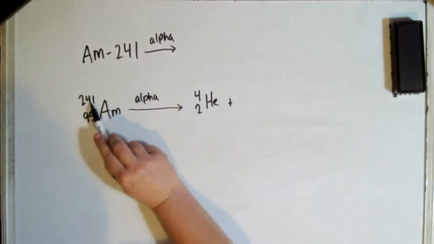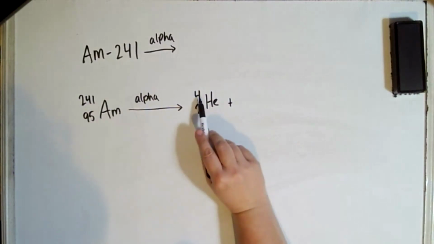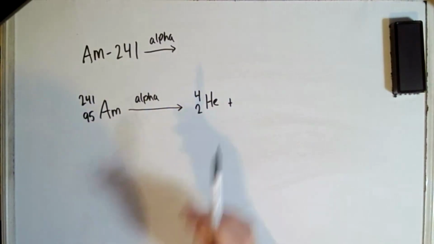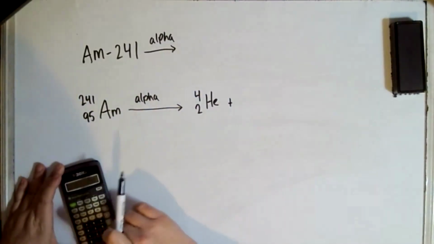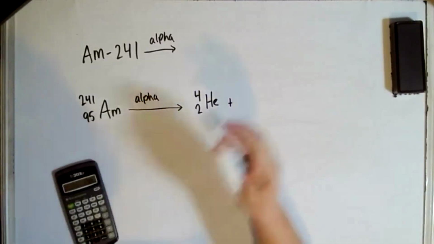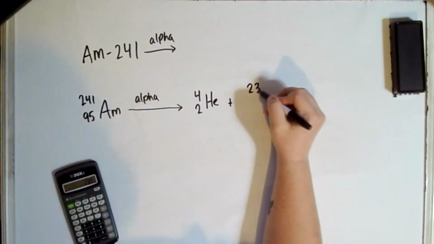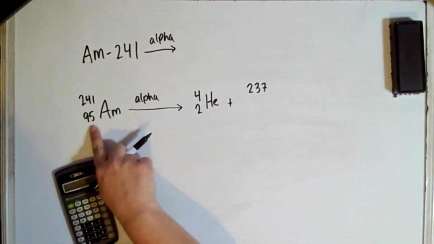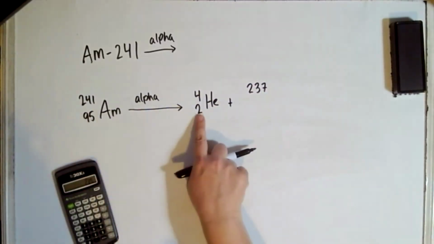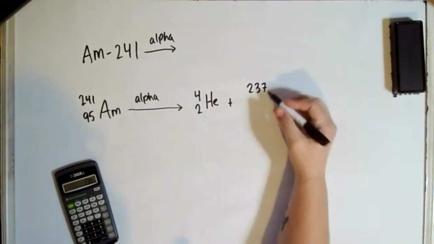So I know that I'm starting out with 241. I've got a mass number of 4 on my product side already. I'll use my calculator to make sure I don't mess up this very simple math. So I know that the mass number of my daughter isotope has to be 237. I start out with an atomic number of 95. I know that my atomic number for the helium nucleus is 2.